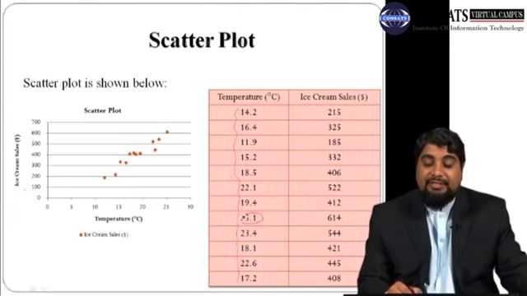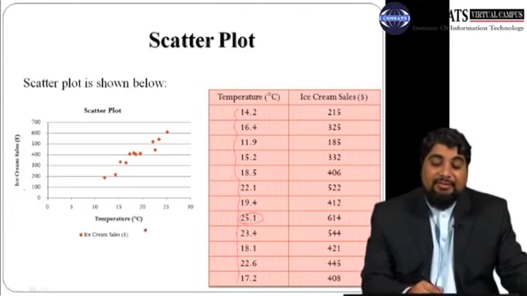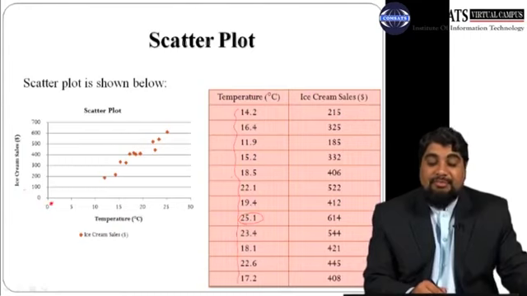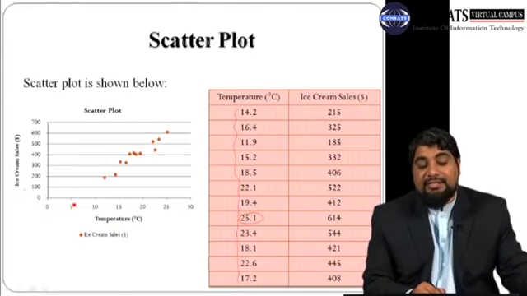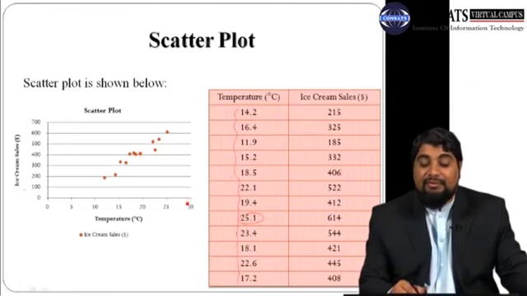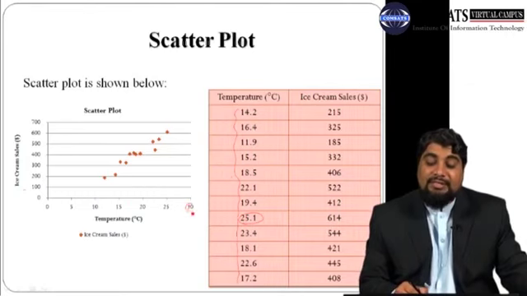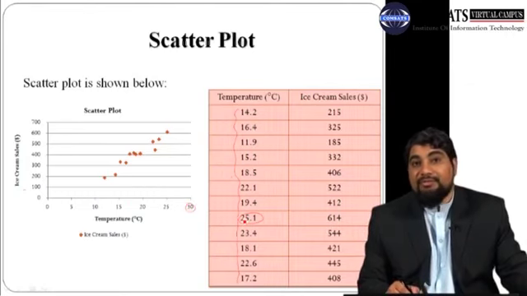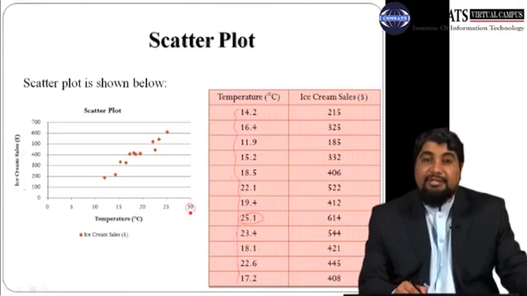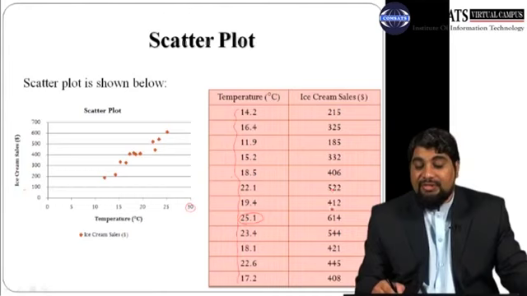Maximum temperature is around 25. Start from 0 and take a suitable difference, let's say 5 units. So 0, 5, 10, and you have to go up to 25.1. Let us go to 30 so that this number, 25.1, is covered in this range. And along the y-axis we have ice cream sales.